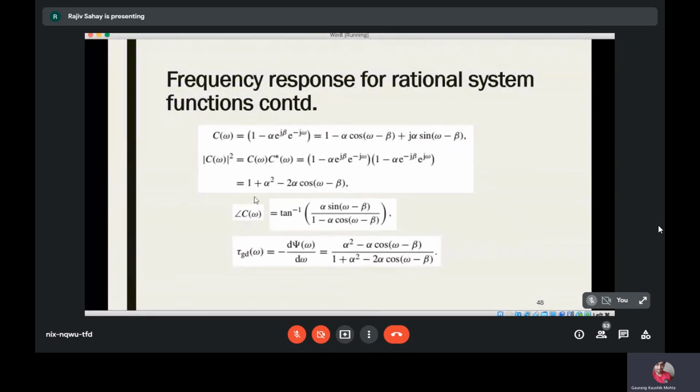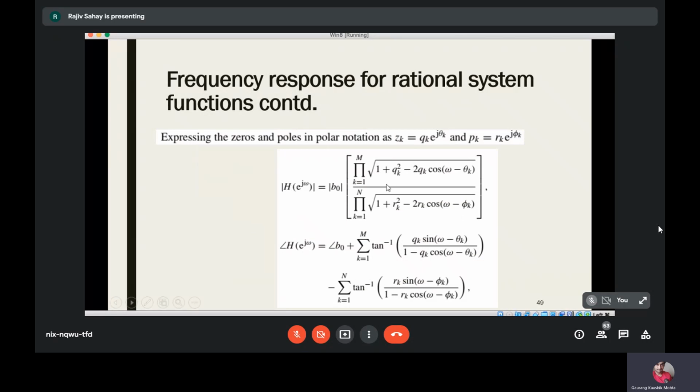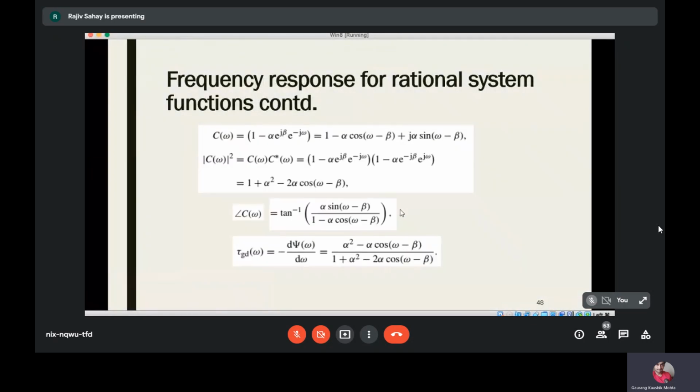This is C of omega mod square. So you take the square root of that, you will get the mod of each zero factor and the pole factor. Okay, is it clear? I will take the square root of this because this is C of omega mod square, isn't it?